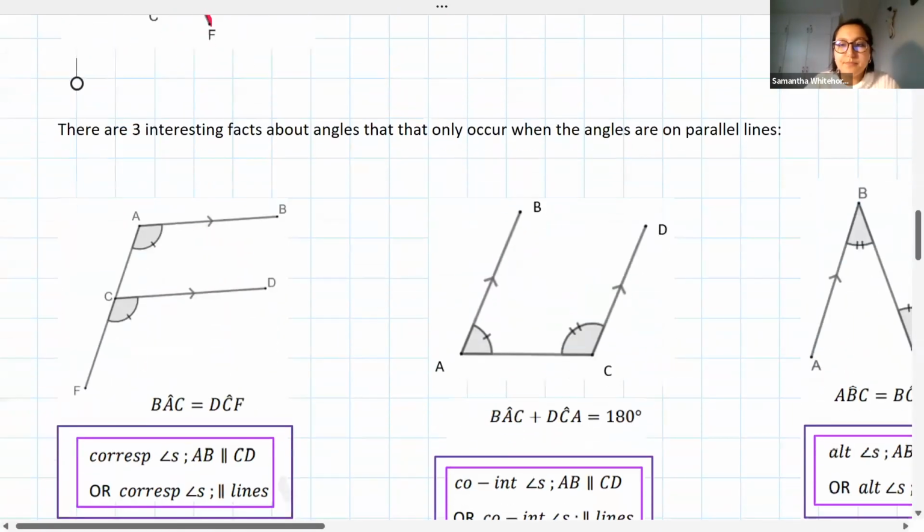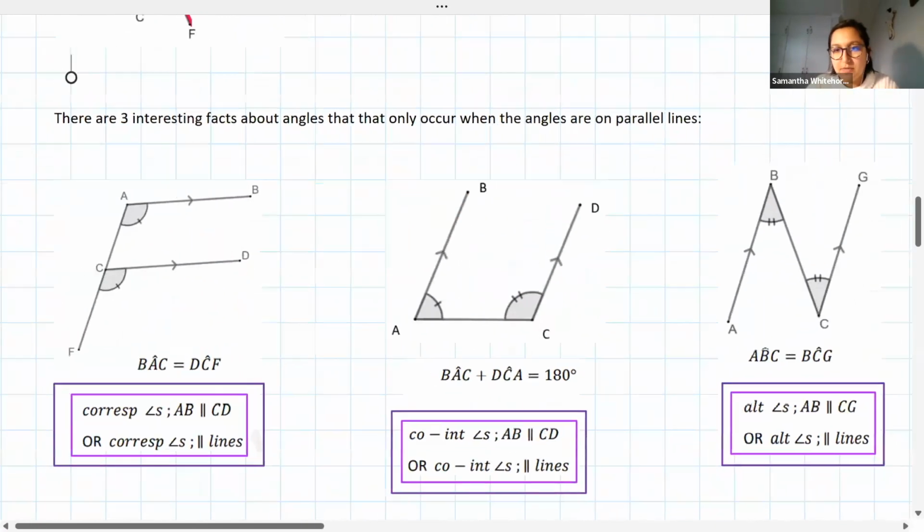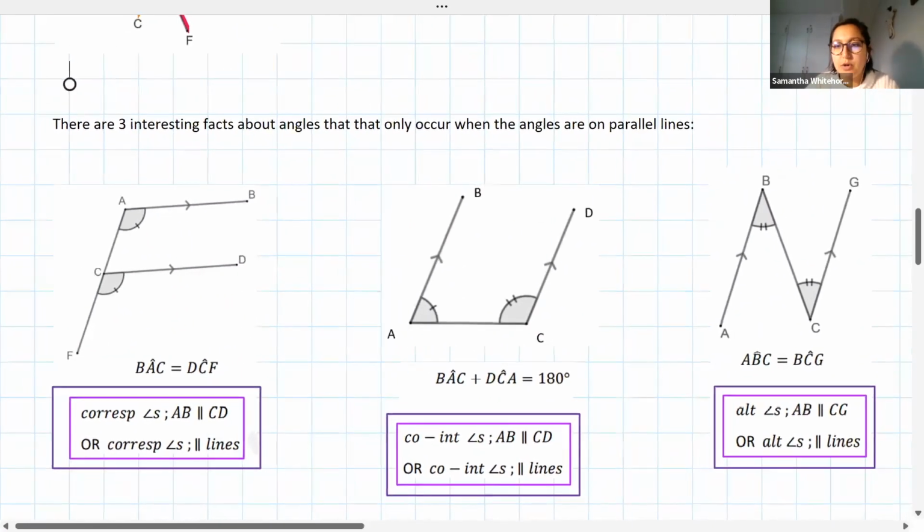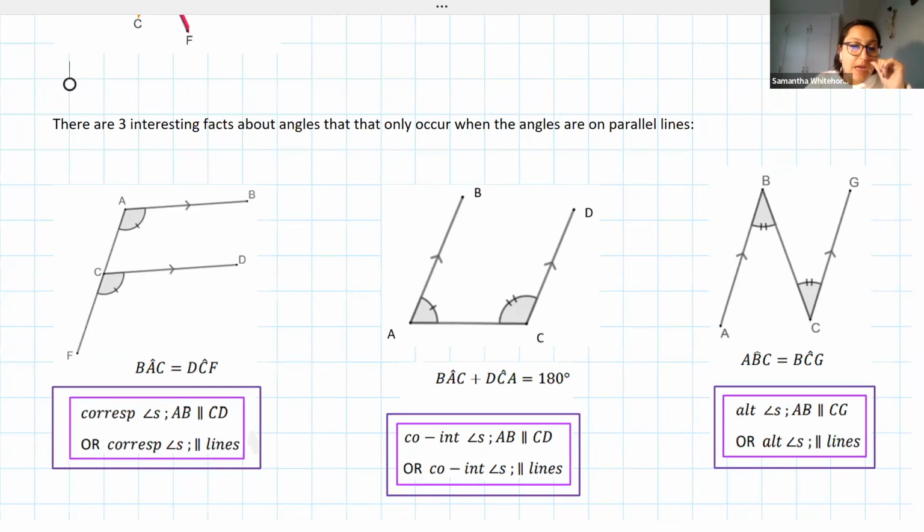Okay. So guys, this is the important stuff. This is the stuff we need to know. With parallel lines, there are 3 important relationships that we need to know. A lot of people learn them as F, U and Z, because those are the general shapes that we need to look out for.